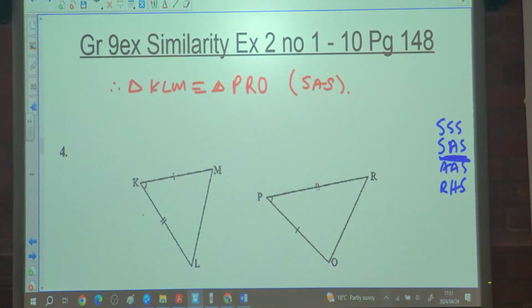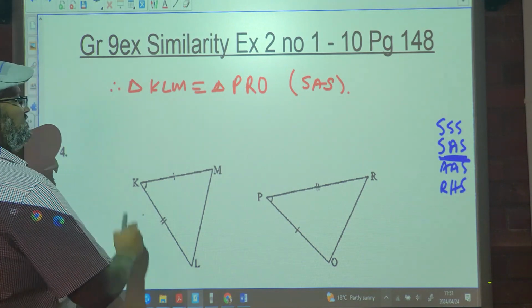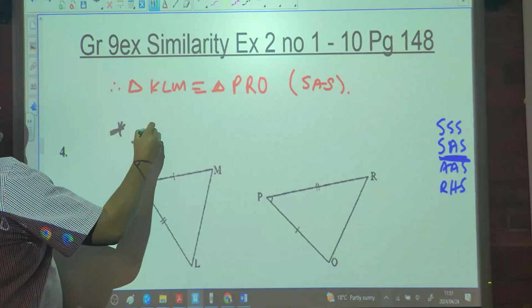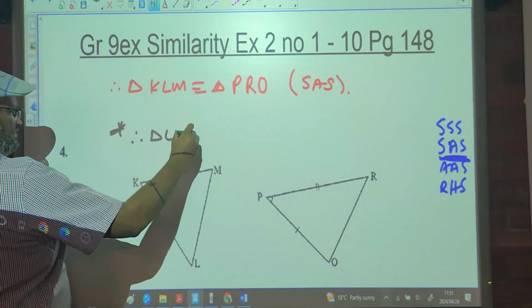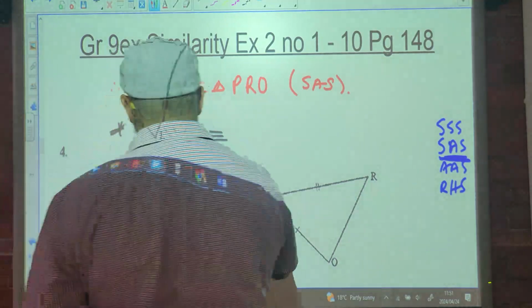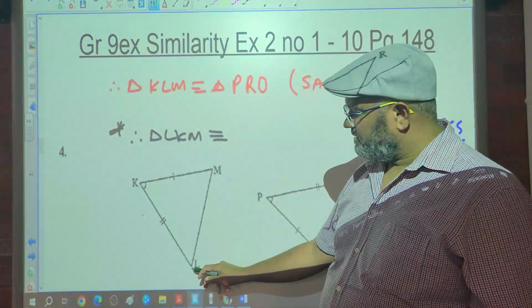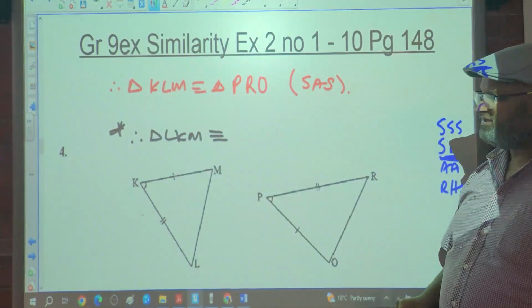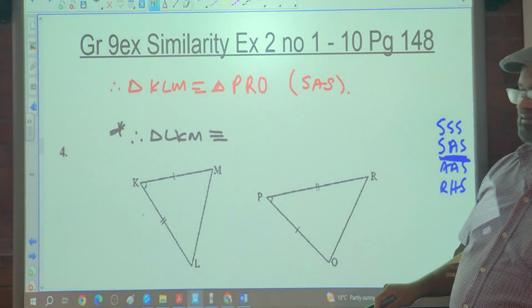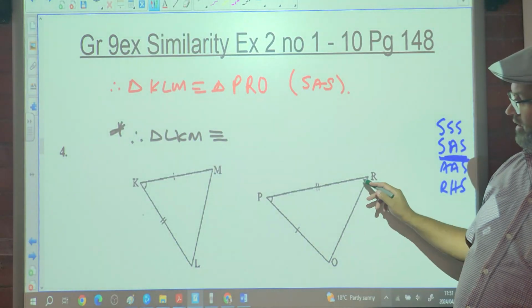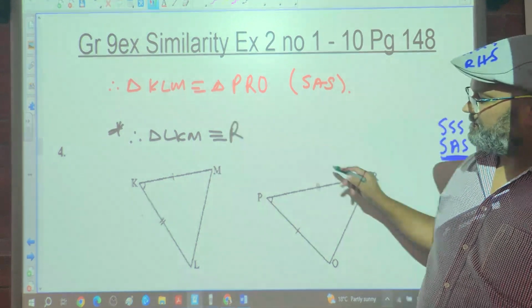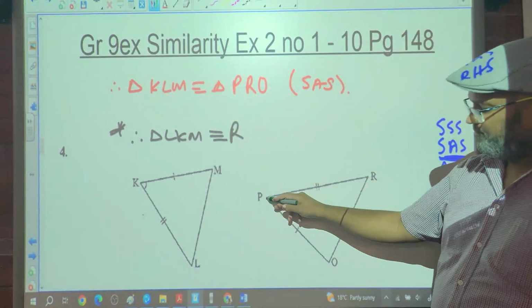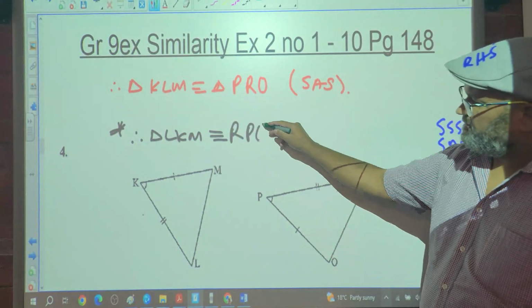Yes. Sorry? Can you say LKM? So therefore triangle LKM. Yes, you can. However, if you're going to go L, K, where are you going to start? R. R, P, O, which is correct.